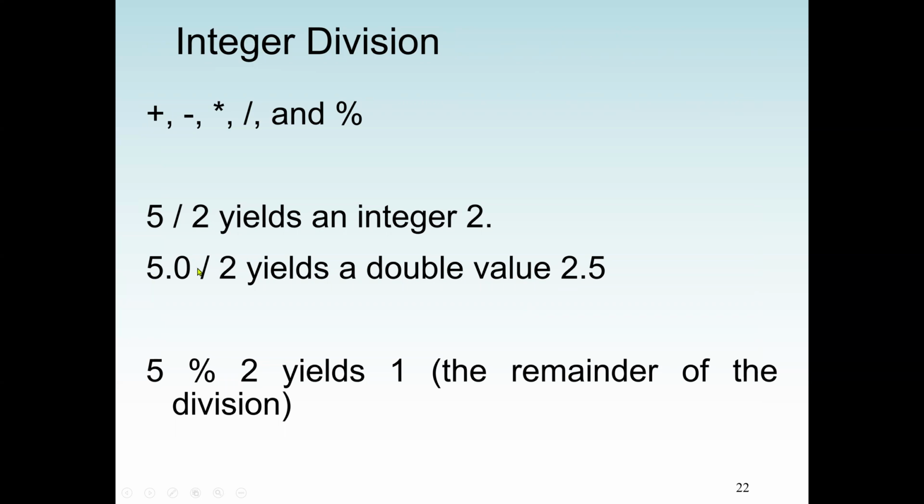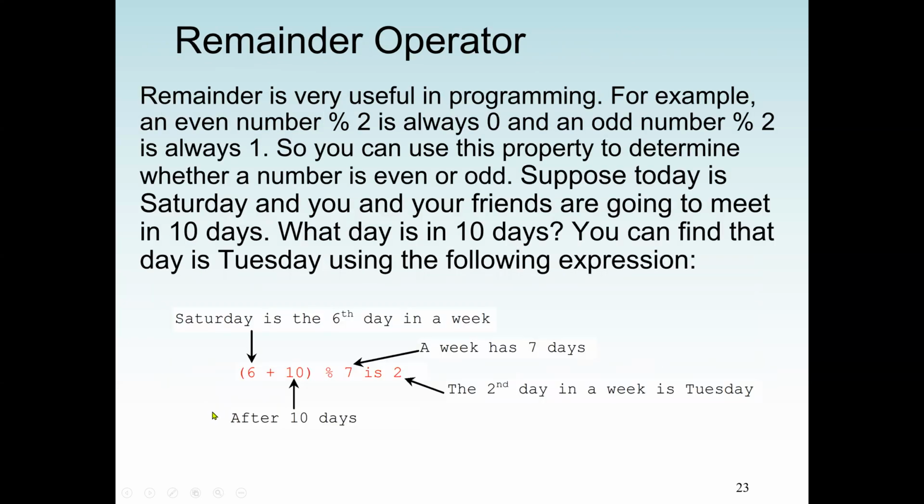So 5.0 divided by 2 gives 2.5. And also 5 modulus 2, our answer will be 1, because 5 divided by 2 is 2, remainder 1. The modulus operator is used to get the remainder. So that's the concept of the remainder.